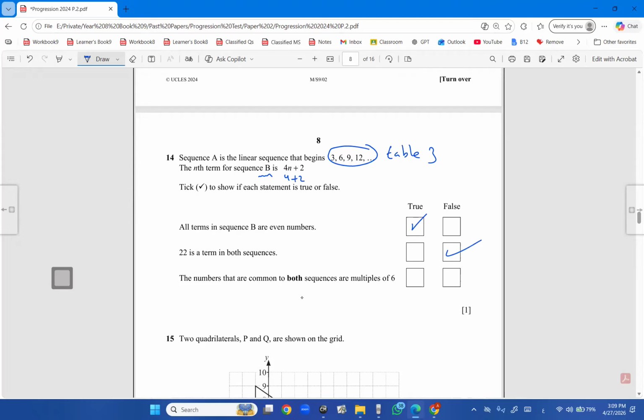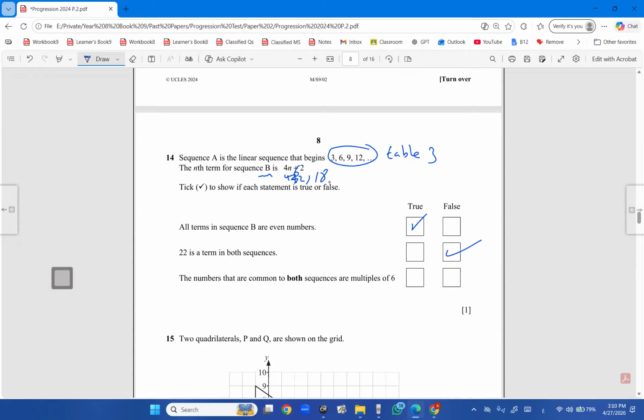The numbers that are common to both sequences are multiples of 6. Yes, because you're going to find that the fourth term over here gives you 18, and the first term over here was a 6.